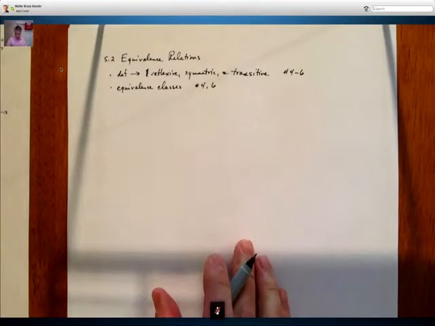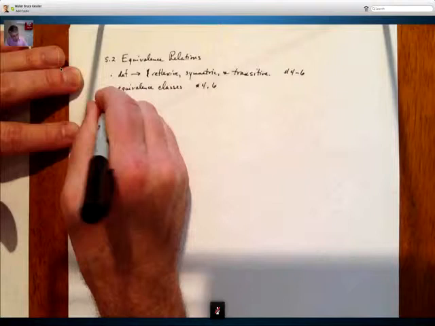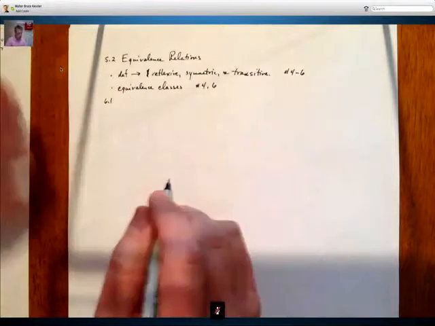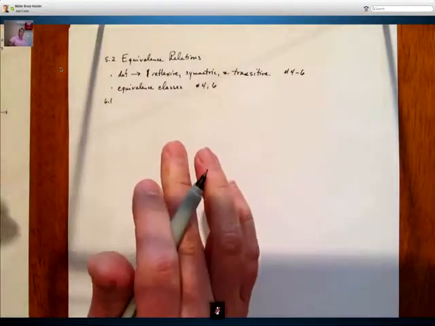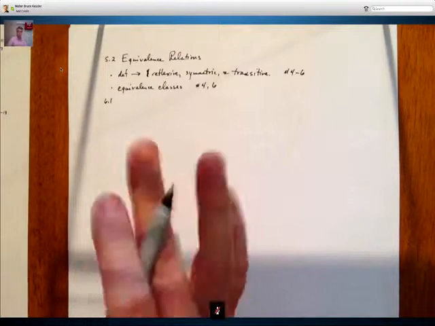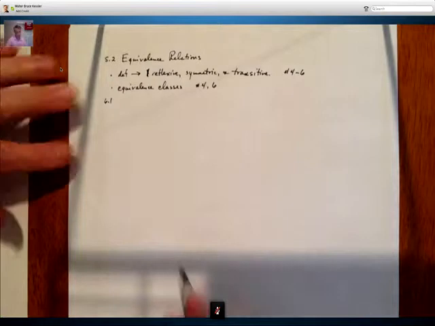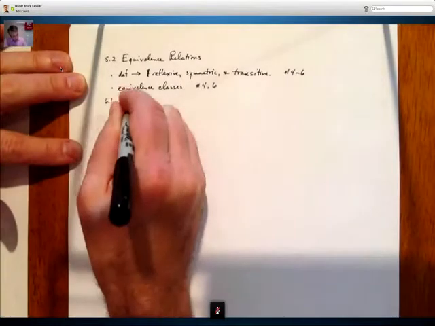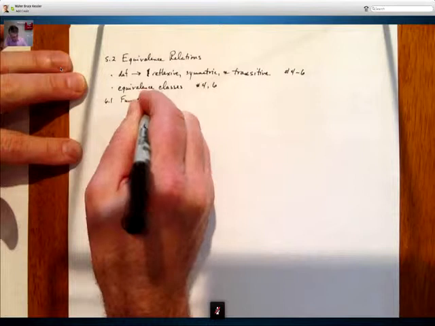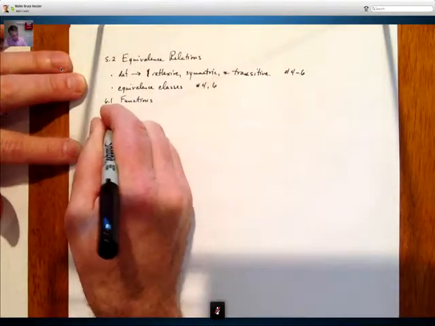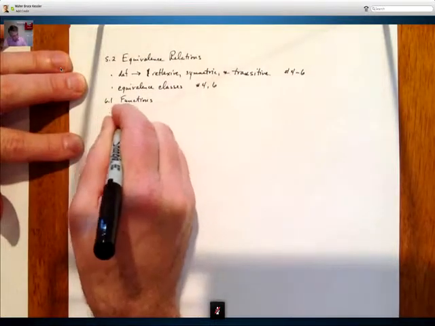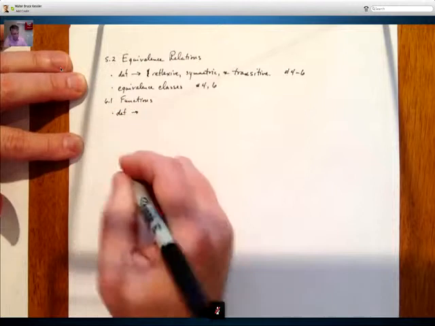Okay. And then the last two sections. So probably 2 or 3 out of that 5.1, 5.2 area. And then we started talking about functions and certain properties. Of course, you need to know the definition of a function.